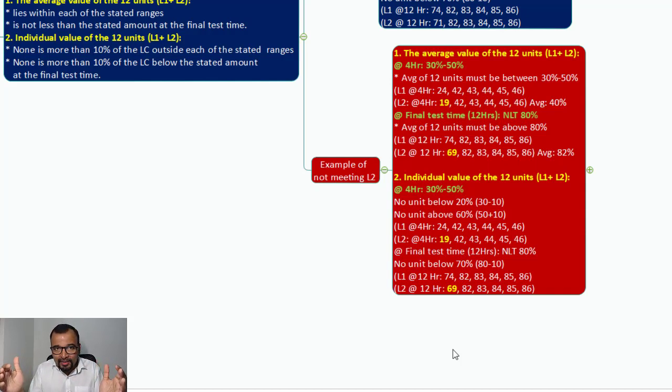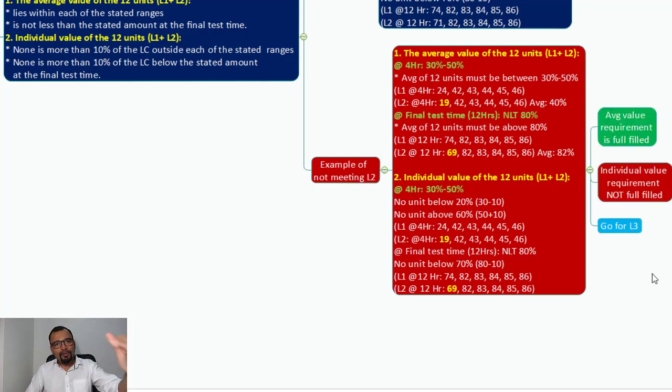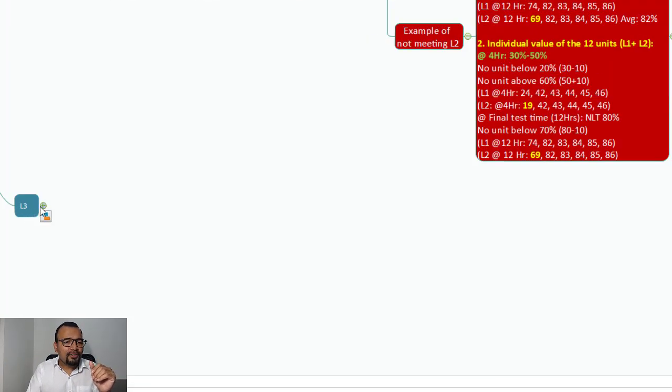So at the L2 stage for 12th hour dissolution result, the L2 acceptance criteria is not met, and that is the purpose of saying that even though my average value requirement is met, I cannot say the dissolution is meeting the requirement because my individual value requirement is not getting fulfilled. So I need to now move ahead with the L3 stage analysis. At the L3 stage of analysis, I need to perform the dissolution on 12 additional units.